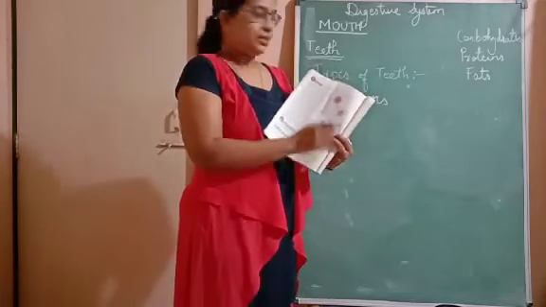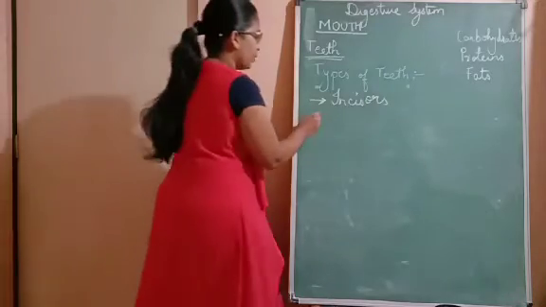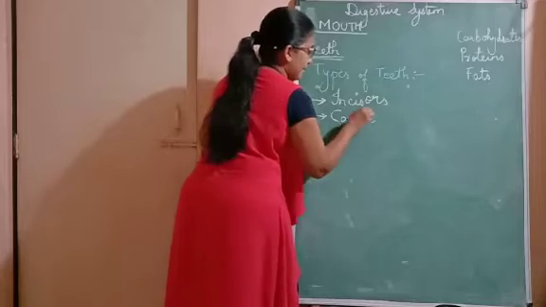These are the incisors. Now after the incisors, you have something called canine.